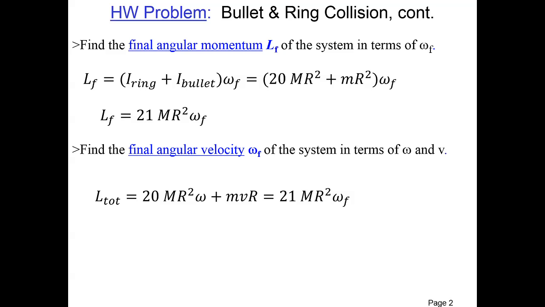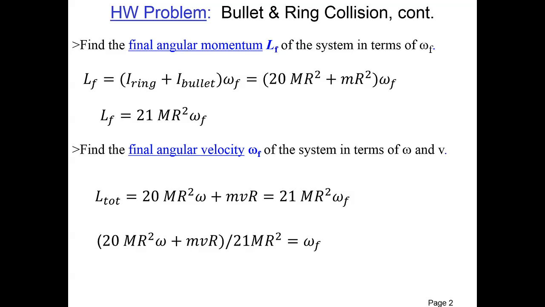At this point, we can isolate the final angular velocity. So this becomes 20 mr squared omega plus mvr, divided by 21 mr squared. Okay, so this one requires a few steps.